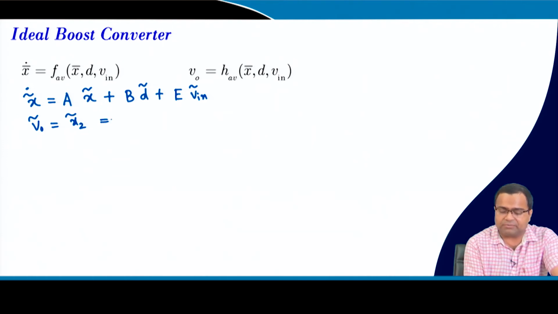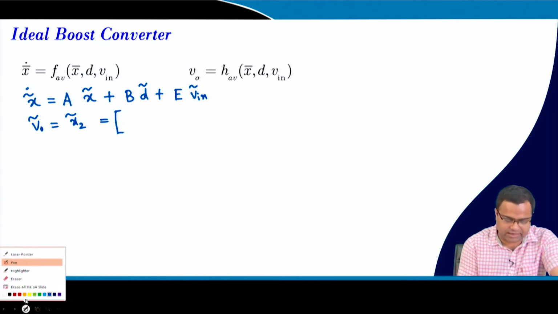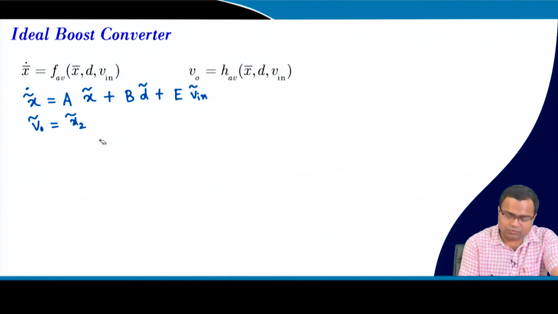So, that means your C matrix is already there. So, what is your C matrix? That means we can get C0 into x tilde.